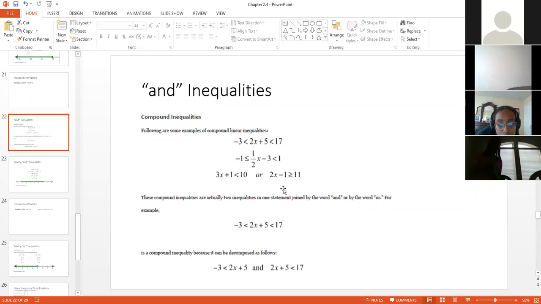If you have an and inequality like the one shown here, -3 is less than 2x plus 5, and 2x plus 5 is less than 17, you can decompose it into an and statement. Just ignore the -3 and write 2x plus 5 is less than 17, and then ignore the 17 and write -3 is less than 2x plus 5.